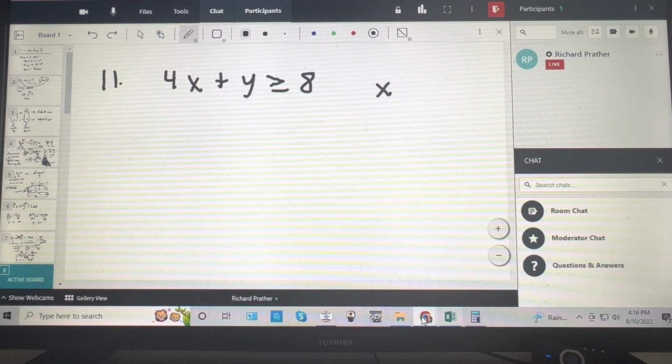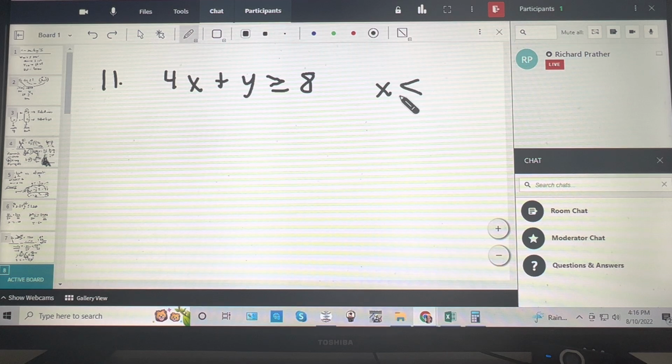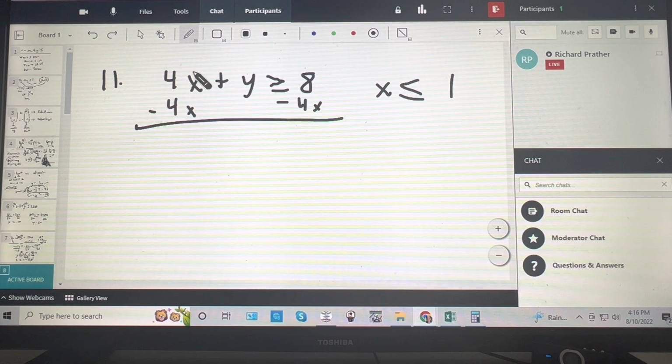And then there's one that's a vertical, x is less than or equal to 1. Because that doesn't have a y, that's a vertical. So I could do the mx plus b method and get y by itself.